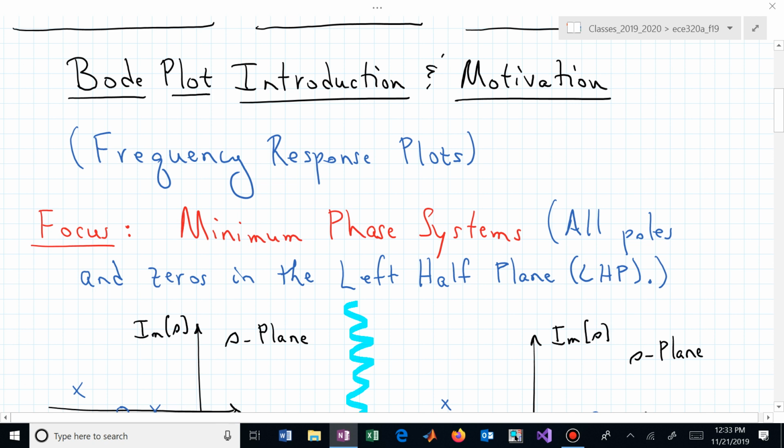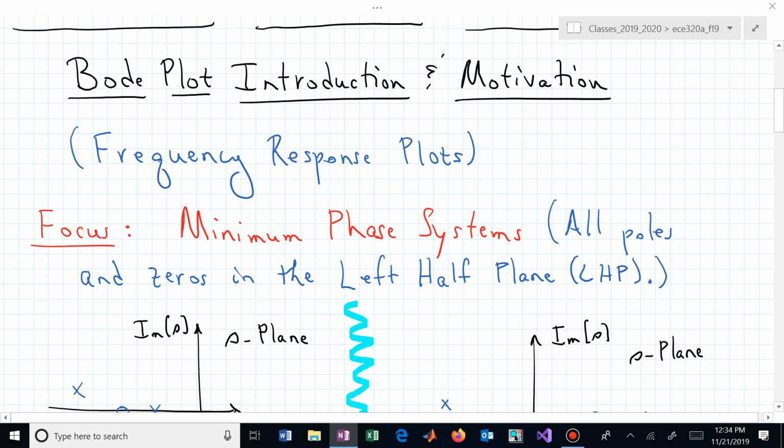Whereas if I say what's happening a decade higher from omega equal to 10, we're now up to 100. And that's the same linear spacing or distance on your paper as from 100 to 1,000 and 1,000 to 10,000, etc.